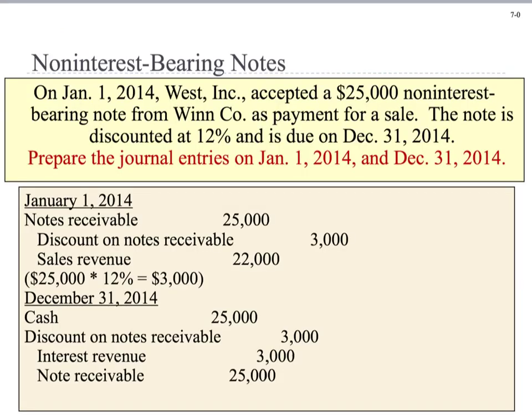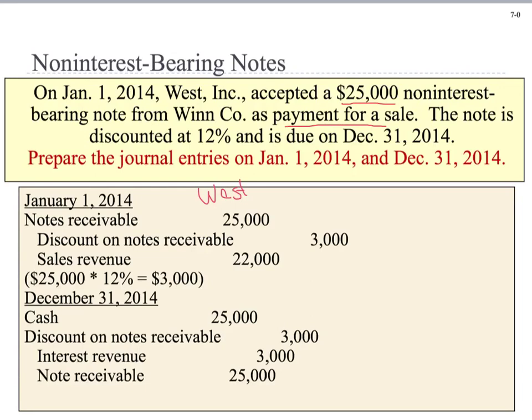All right, so here's an example of a non-interest bearing note. So we have West and Win again in a completely different scenario. West accepted a $25,000 non-interest bearing note from Win as payment for a sale. So in this case, you're West. You sold something to Win.